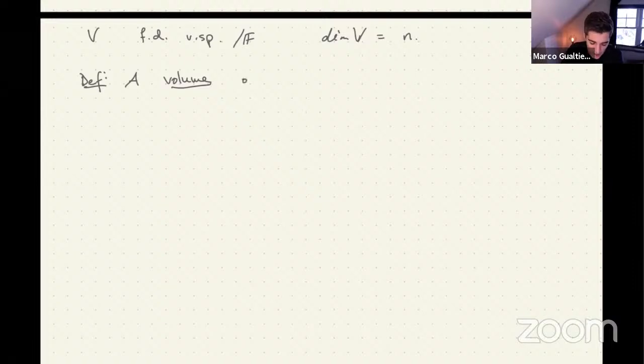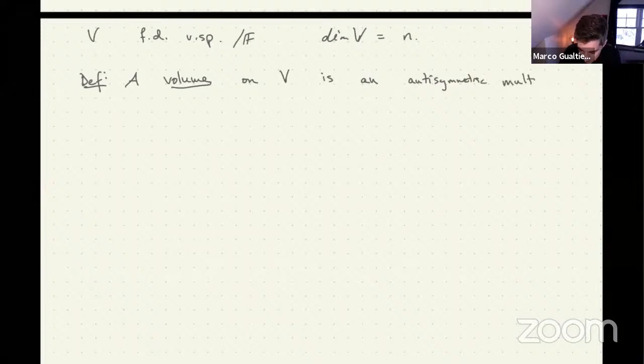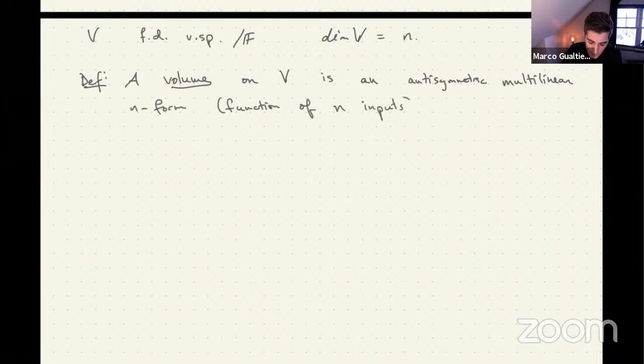So a volume on V is an antisymmetric multilinear n-form, or function of n inputs. It goes from V cross ... cross V to the field, and there are n of these.